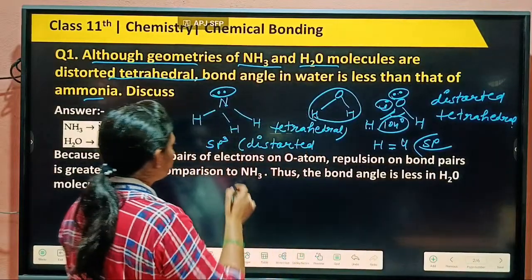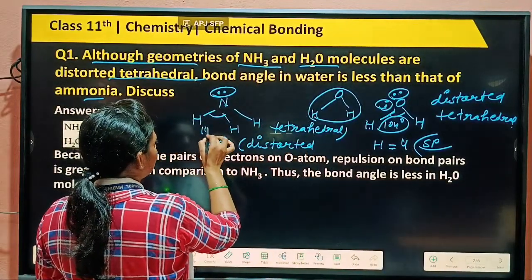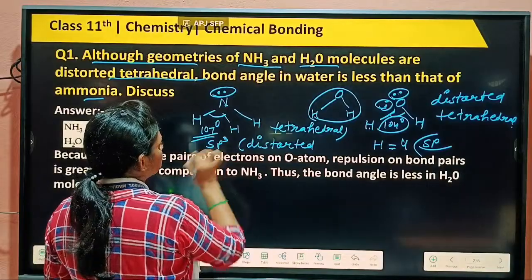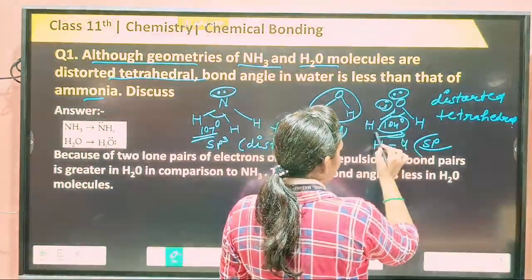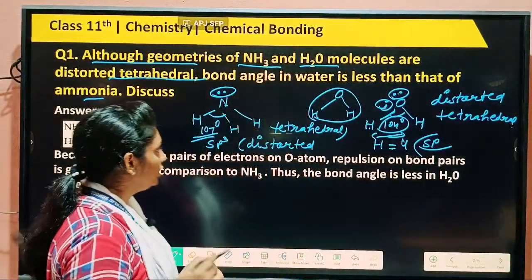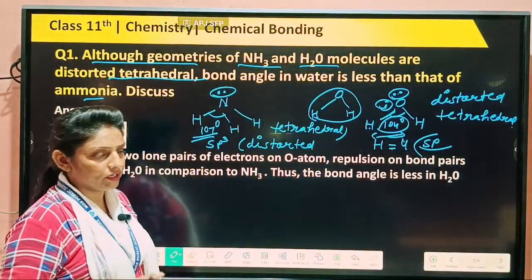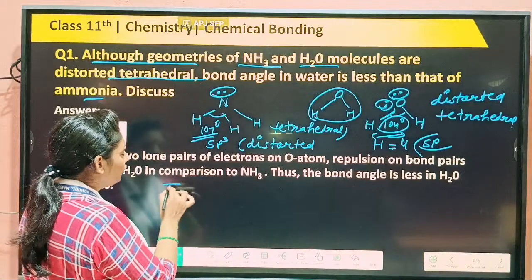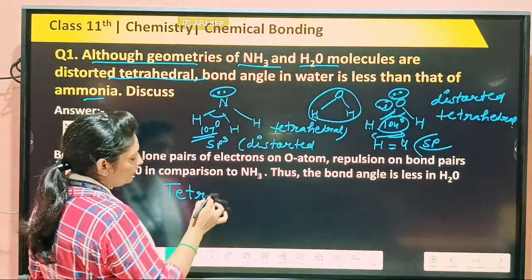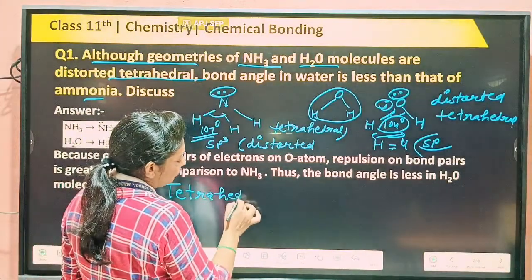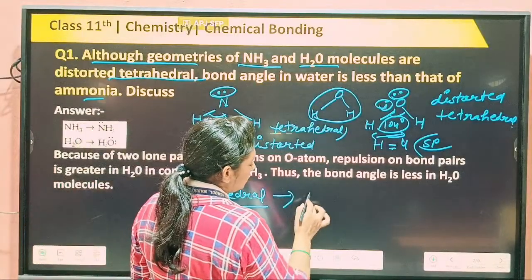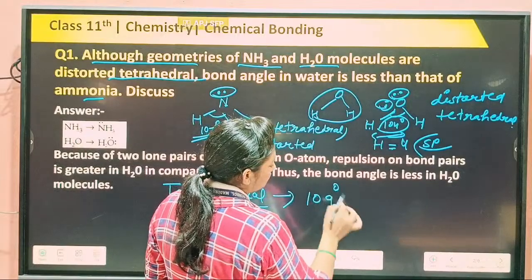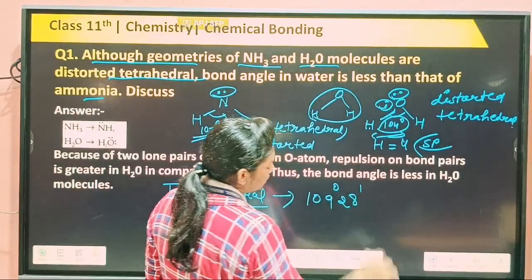and in case of ammonia, it is approx 107 degrees. Okay, why is it less in water as compared to ammonia? Students, you know, for regular tetrahedral geometry, the angle should be 109 degrees 28 minutes.